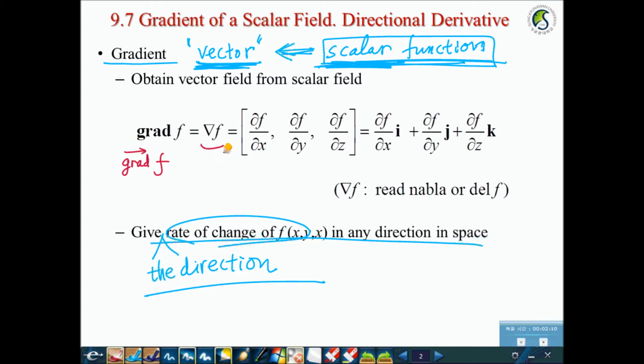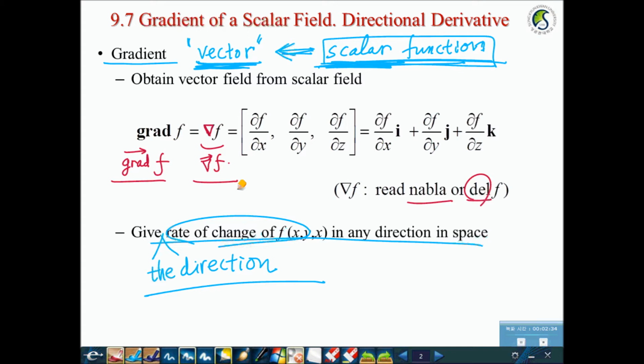And another form is this, the inverse triangle. That's called del or nabla. Frequently you call it del, okay? So del f in writing. So that's the mathematical notation of gradient.